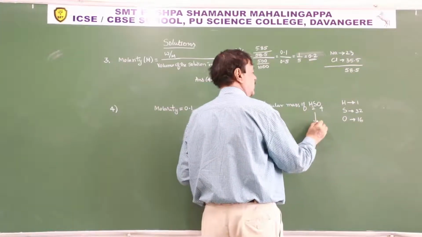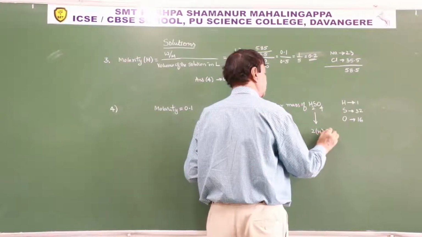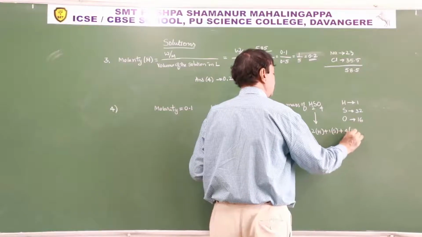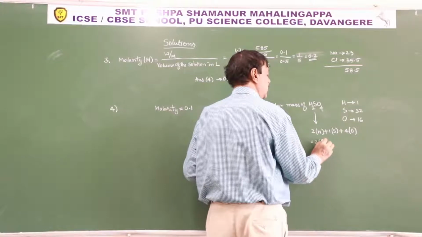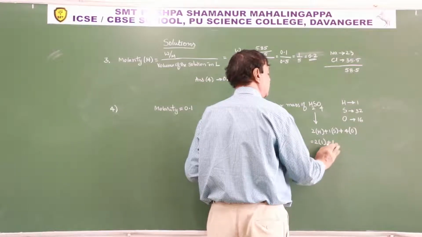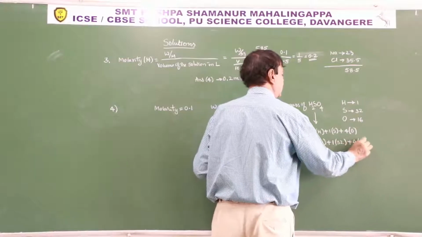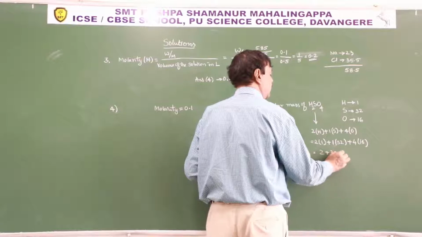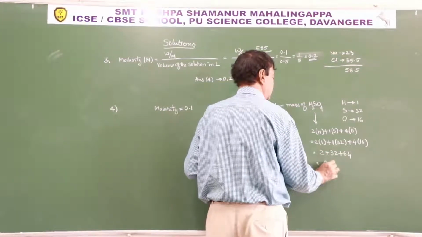Therefore, molecular mass of sulfuric acid is given by 2 into atomic mass of hydrogen plus 1 into atomic mass of sulfur plus 4 into atomic mass of oxygen. That is 2 into 1 plus 1 into 32 plus 4 into 16, that is equal to 2 plus 32 plus 64, that is 98.